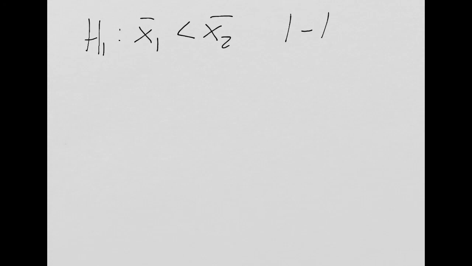However, if we say our h1 is x1 bar is smaller than x2 bar, and we explicitly state that, this would be a one-tailed test, where we state specifically that one is smaller or bigger than the other one. Are you happy with that?